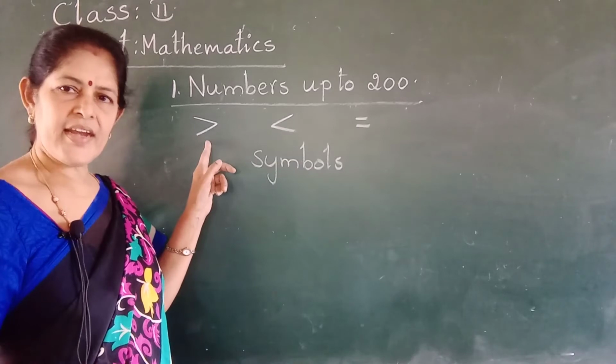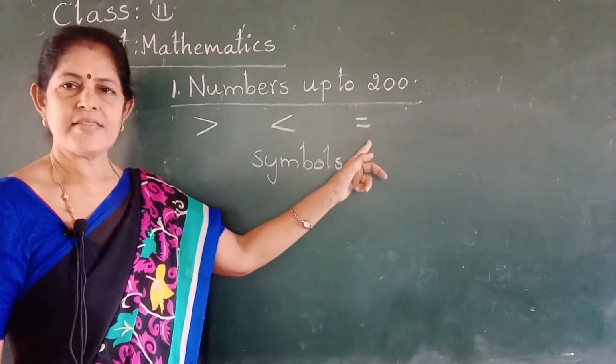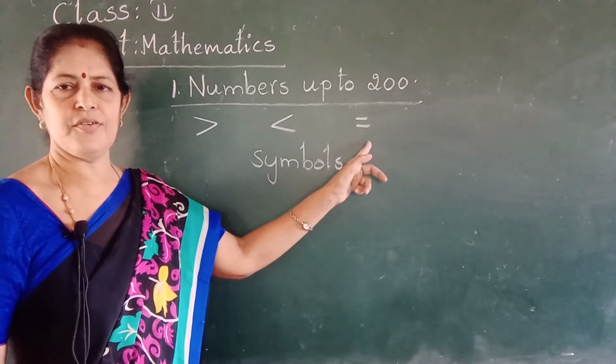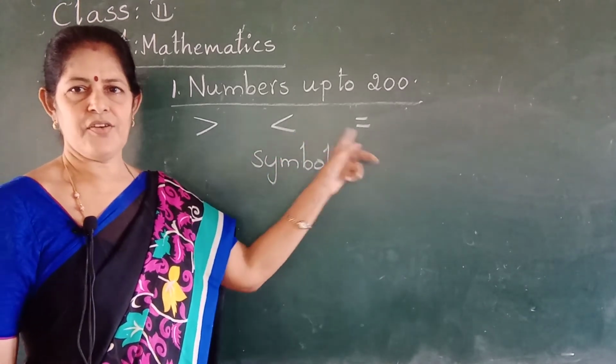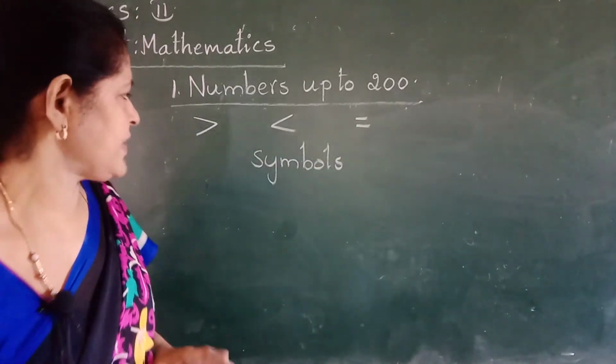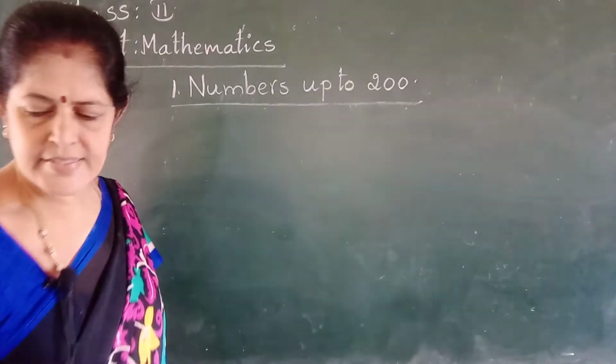The symbol for greater than, the symbol for less than, the symbol for equal to. Now I give you some examples to see how to use these three symbols.